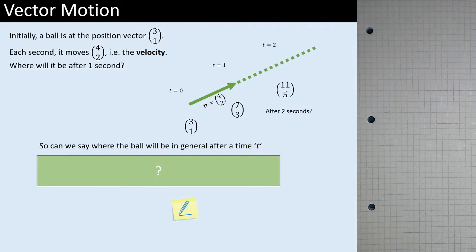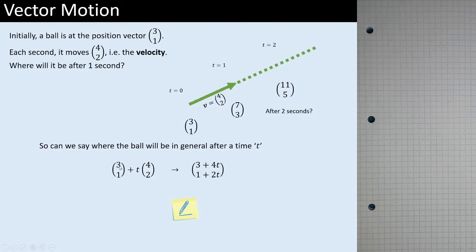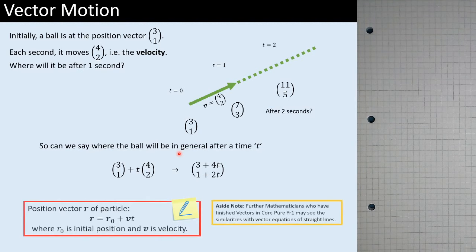And that essentially kind of gives us this nice little thing here is our starting point, which is 3, 1, and then t lots of our velocity, which we could rewrite as a different vector here. Okay. Now, if you would have done further maths, you may recognize this as to do with vector equations of straight lines. Okay.